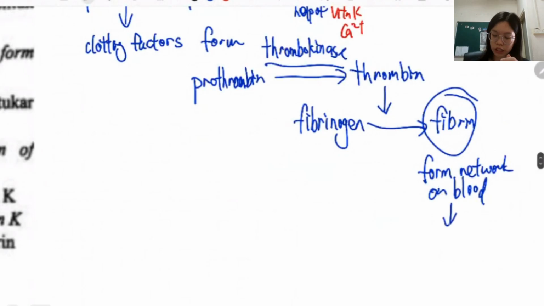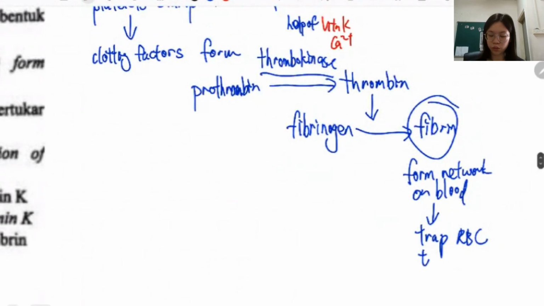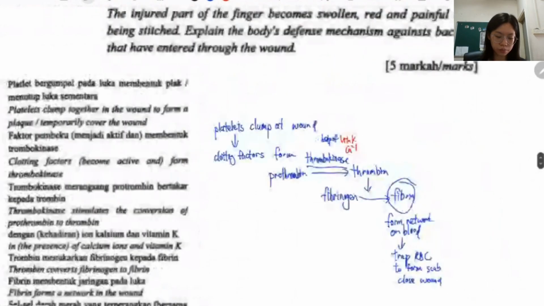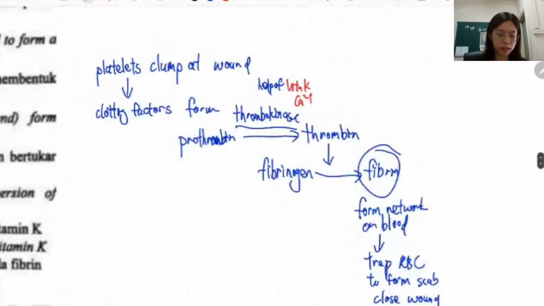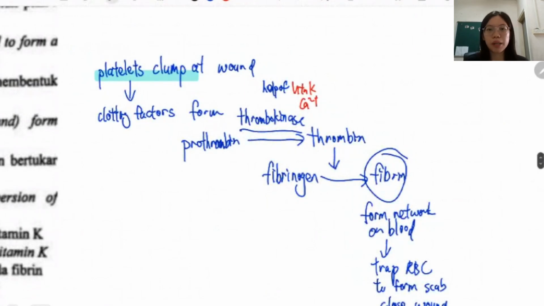So eventually it will trap the red blood cells to form a scab, and then eventually it will close the wound. When you close the wound, you will stop the bleeding. So this is how it answers it all. First of all, platelets come to the wound, and then the clotting factors will form thrombokinase.